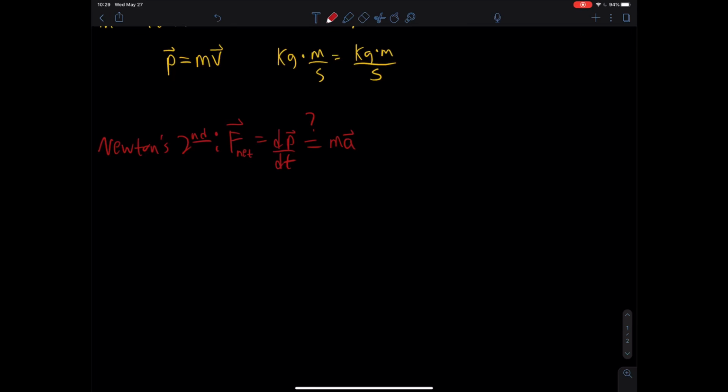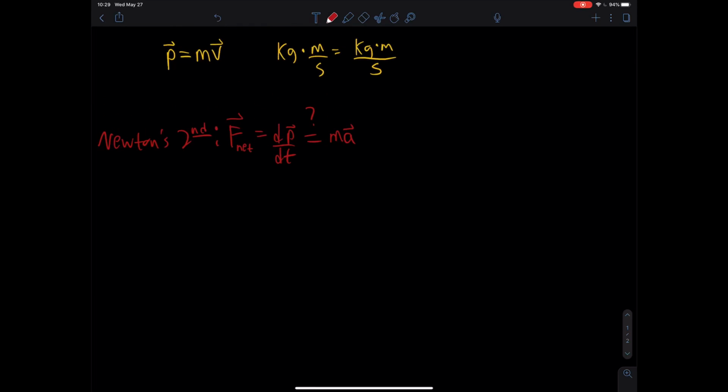So let's take a look at this momentum and see if we can get this mass times acceleration that seems so familiar. Well, we take the derivative of momentum with respect to time, and we can just take our momentum equation up here. Momentum is mass times velocity.